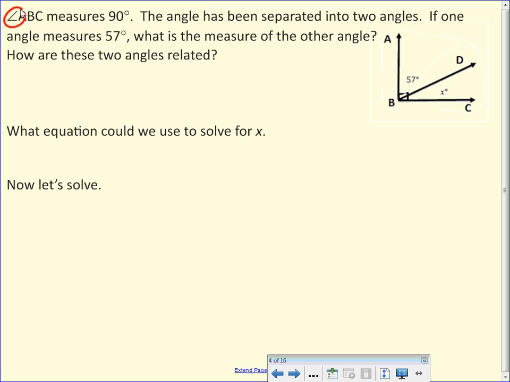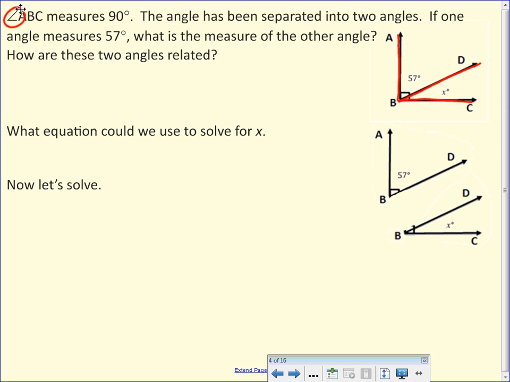So angle ABC. So here is angle ABC, has been separated into two angles. So this line here, BD, separated them into two angles. So we have angle DBC, which measures X. We don't know the size of this angle.